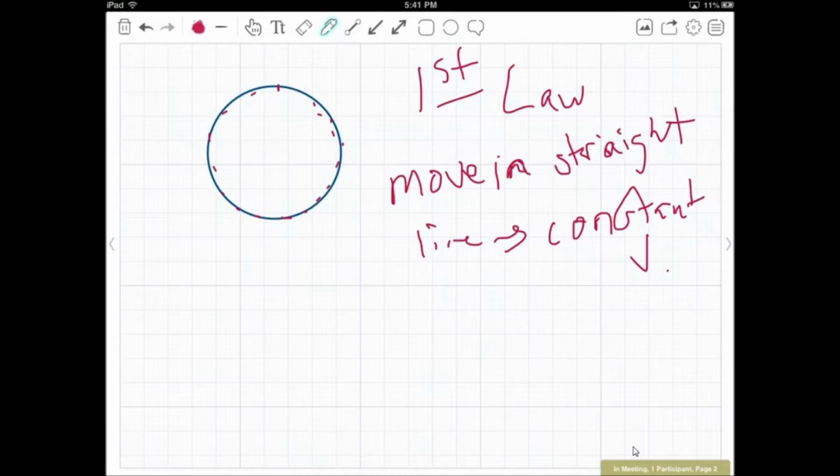So this is obviously an object moving not in a straight line. So the question is, where is this force coming from, or actually, more specifically, where does this force point?